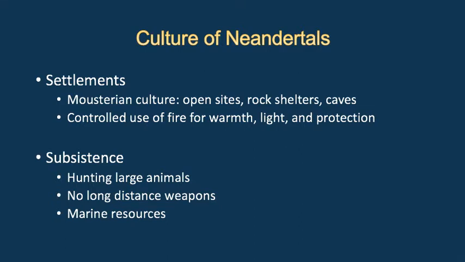We know that they lived in settlements, in open sites, rock shelters, and caves, and that they controlled fire. We know that they were hunting large animals, and that they probably did not have technology for long-distance weapons. So they had to get up close and personal while hunting these large animals, close enough to basically stab the animal.